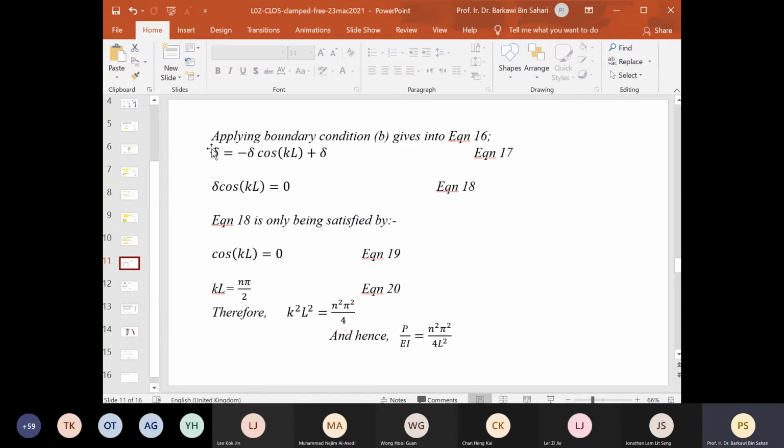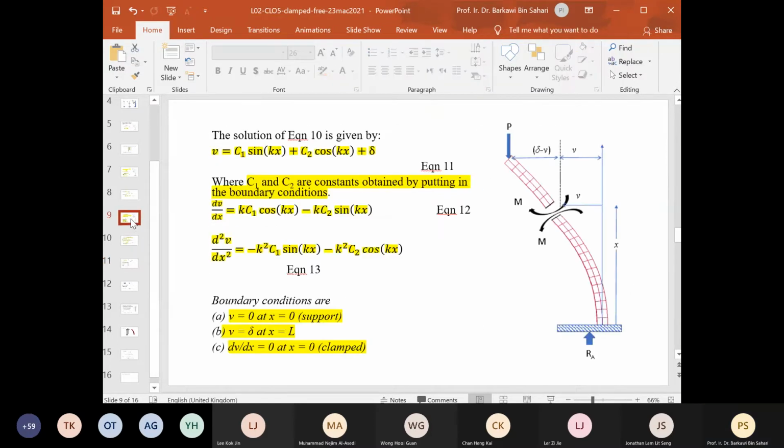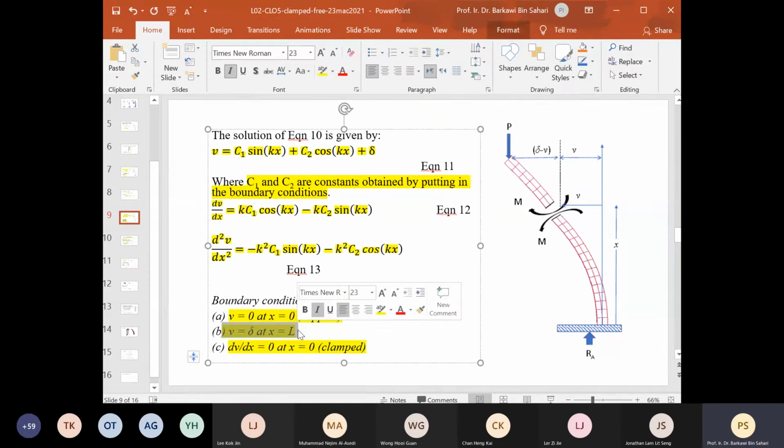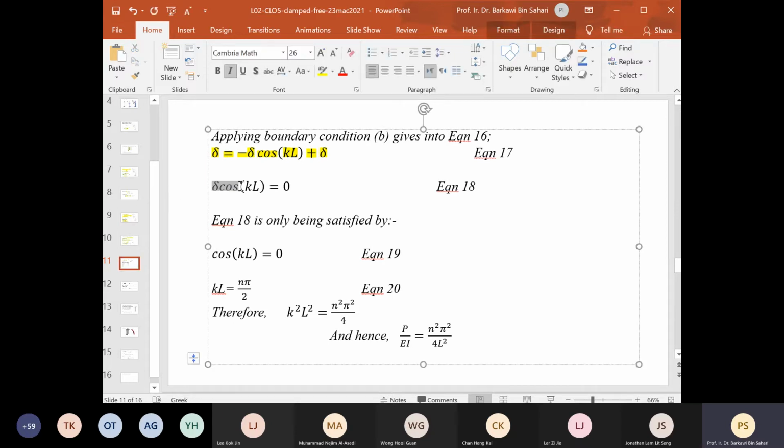Now we get this particular solution, V equal to minus delta cos kx plus delta, and we apply the second boundary condition, which is V equal to delta at x equal to L. So if we put x equal to L, minus delta cos kL plus delta gives us delta at x equal to L. So we get this particular equation, delta multiplied by cos kL equal to 0.